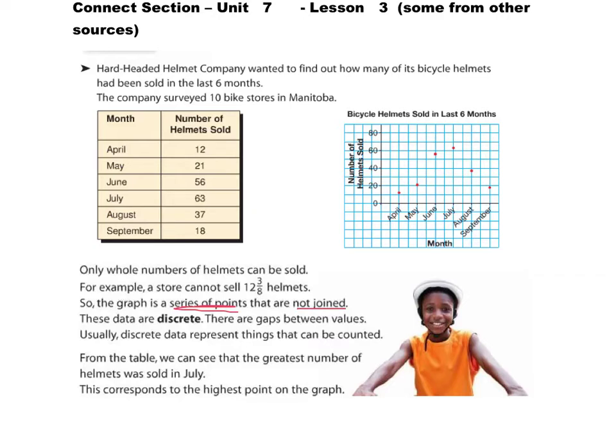And this data is discrete. Okay, when it is in whole numbers, it can't be sold in halves, or it can't be shown in halves. It is considered discrete data, and you do not join the dots.